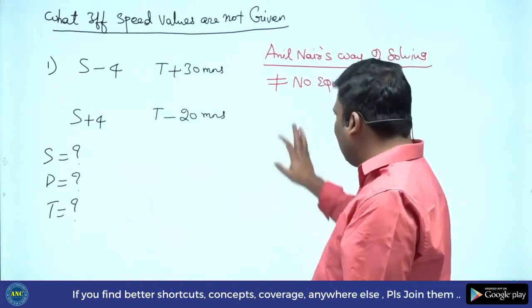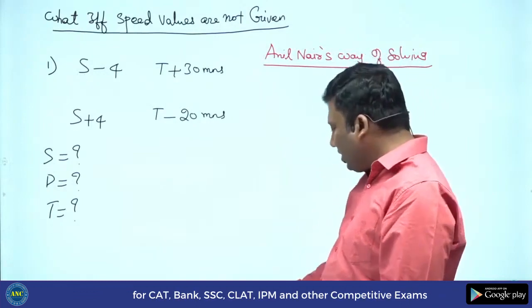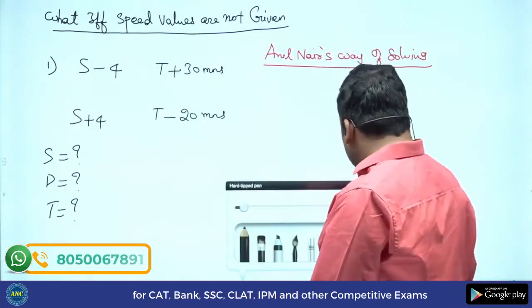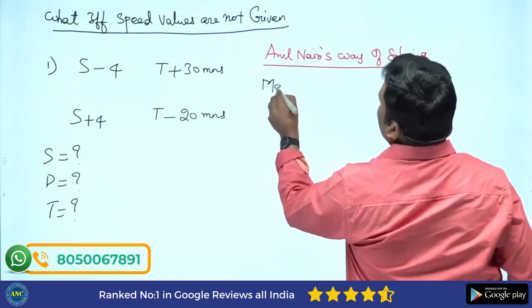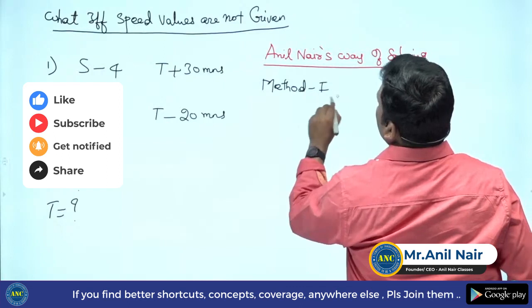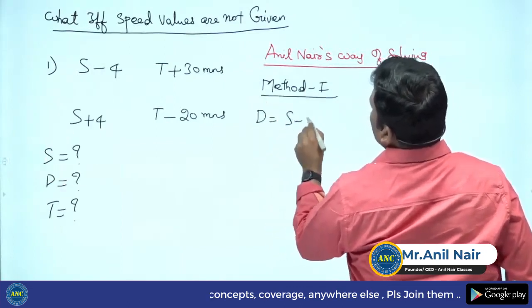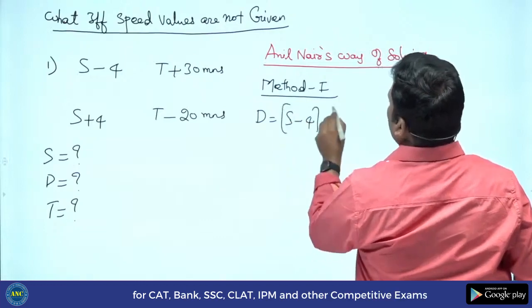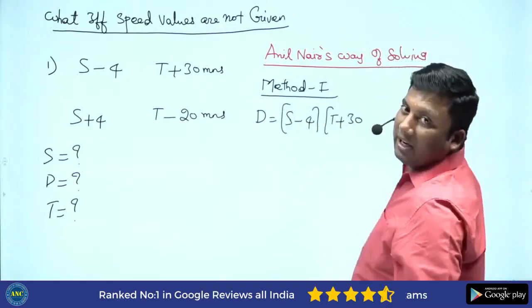Or first I will tell you what that equation method is. Listen carefully, sir. Method 1. Most of the textbooks will teach this method. Distance is speed decreased by 4, time increased by 30. I am doing it in kilometers per minute.